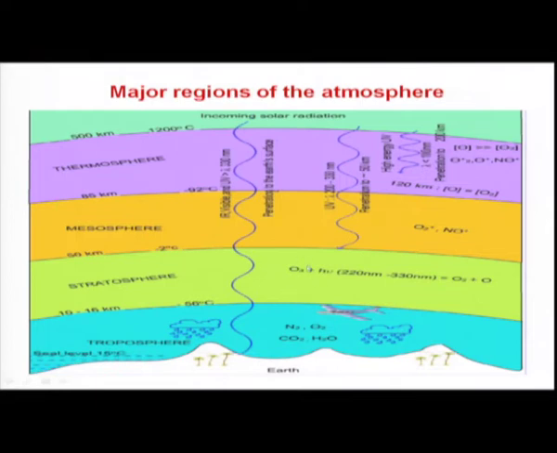The concentration in the stratosphere is about 10 ppm, which is very important, and ozone is a life-saving chemical species. It absorbs the harmful UV radiation and blocks it, preventing the UV rays from reaching the lower part of the atmosphere.